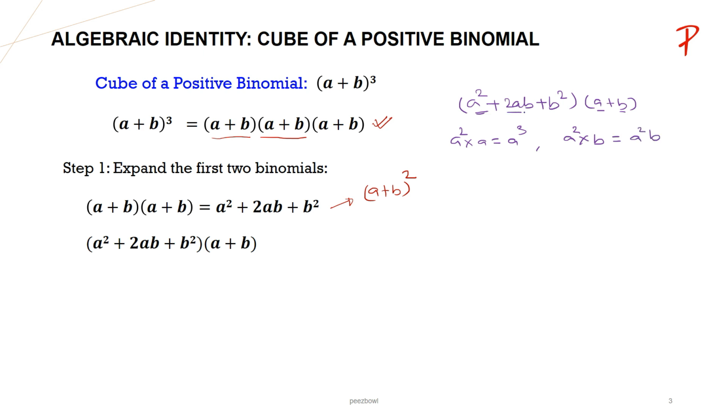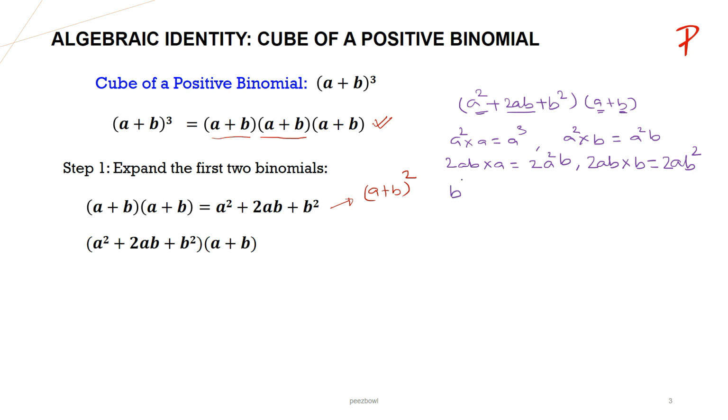Then 2ab multiplied by a is equal to 2a square b. And again 2ab multiplied by b will become 2ab square, because b multiplied by b is b square, and 2a we have as it is.